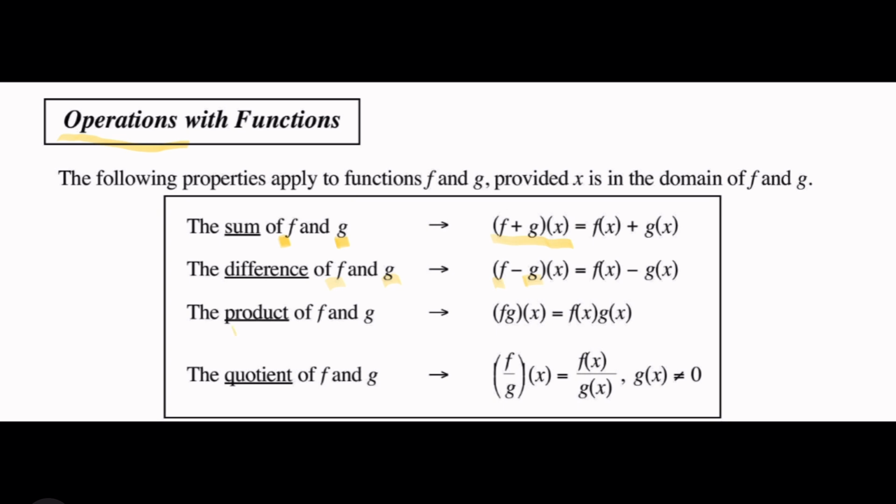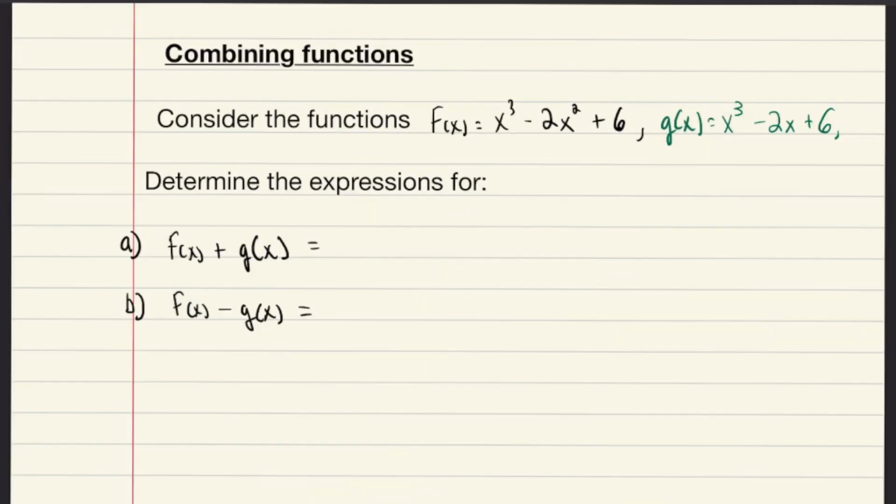We could have the product of f and g, where f at x times g at x gives us one mega function. And of course the quotient, which is another word for division, of f and g, where f at x is divided by g at x. And in this case, of course, g at x cannot be 0, because then your entire expression would be undefined.